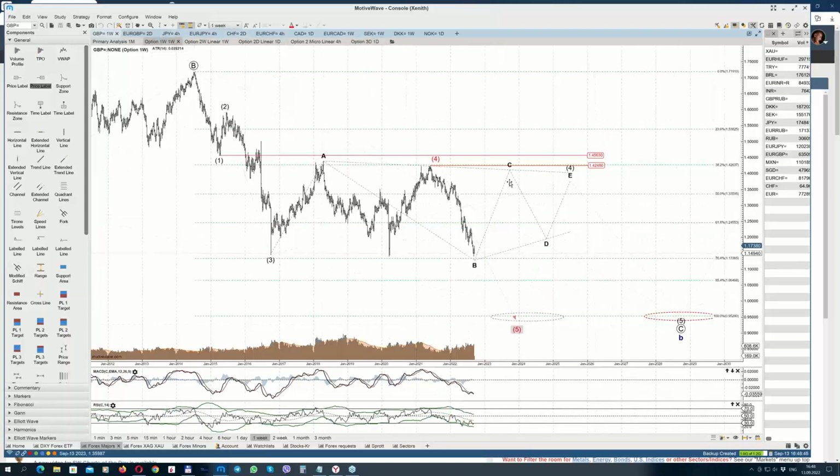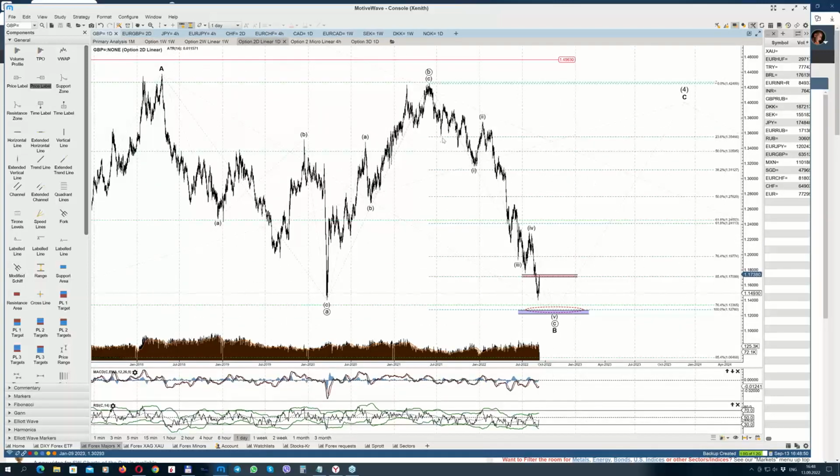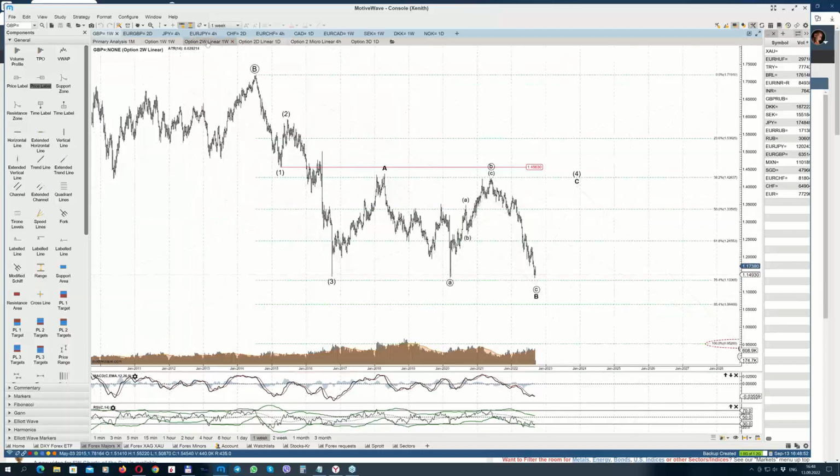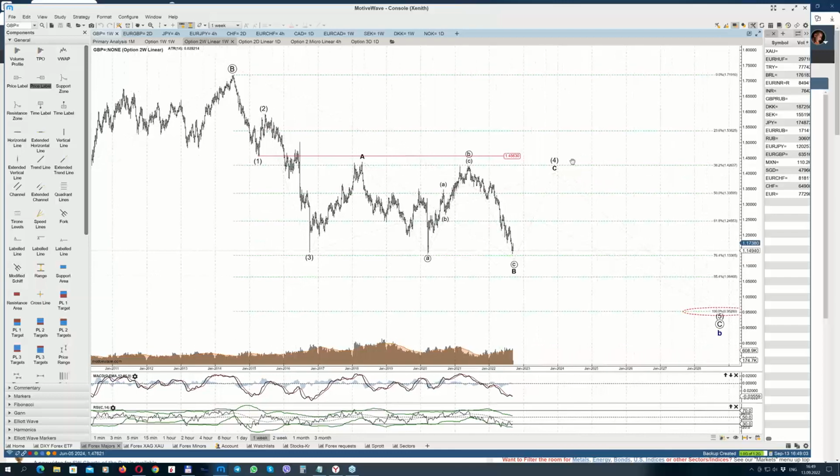The second scenario suggests a triangle, and finally, the scenario I'm personally liking, as the simplest at the moment, is A, B, and C up in the wave 4. At least this scenario would nicely match with an immediate reversal in euro and the dollar index.